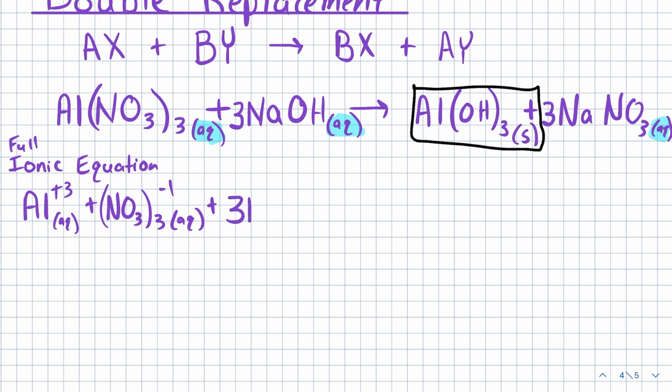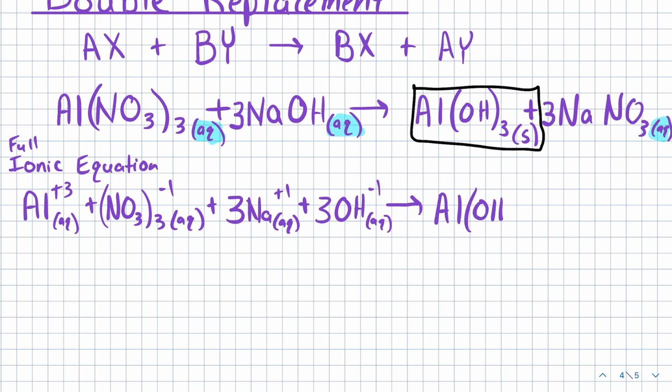Plus 3 sodium, aqueous, +1, plus 3 hydroxide, aqueous, -1, yields aluminum hydroxide. This is a solid.